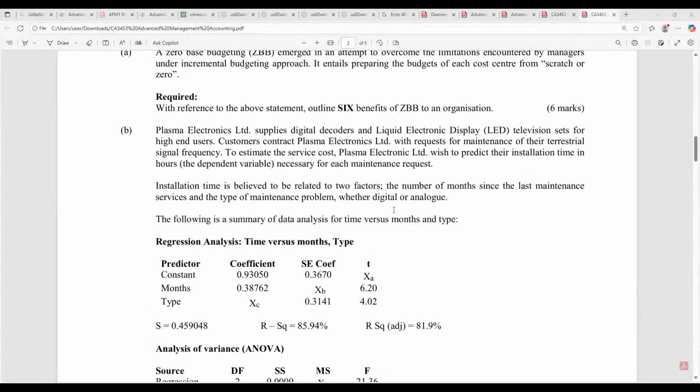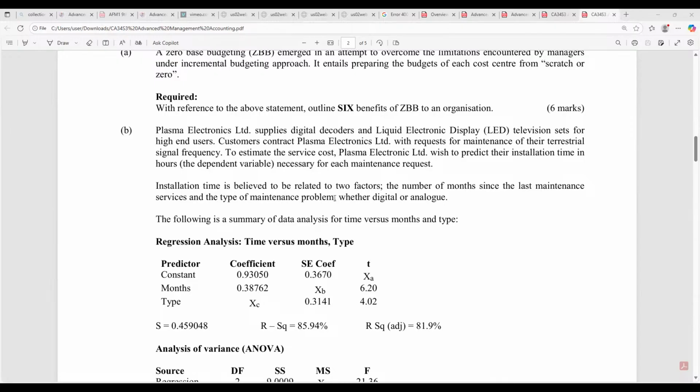Which types are these, my friends? Two factors: his last maintenance service and the type of maintenance problem, whether digital or what here, analog.